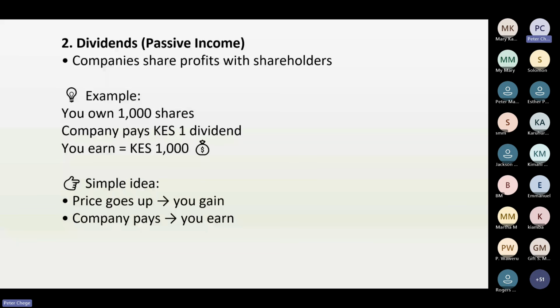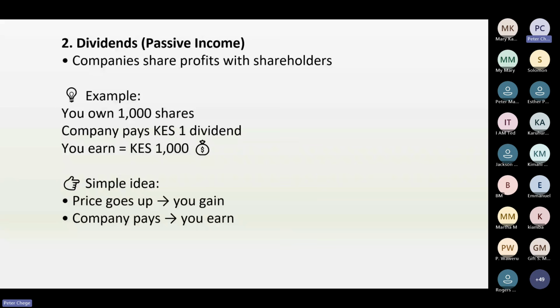When they make profits and announce them during their AGM or when they are announcing results, they usually declare that the directors and the board have recommended that each shareholder get a share of that profit. So if they make 10 billion, they divide by the number of shares. They decide, for every one share held, this is the amount we are paying.